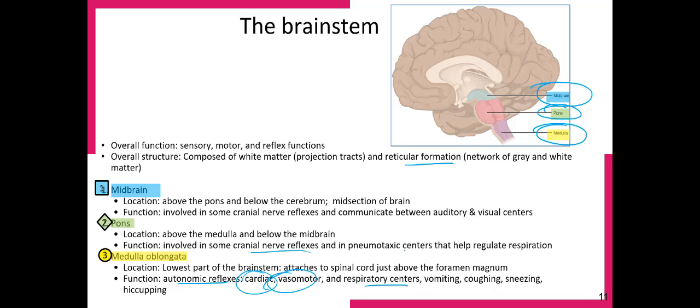And pneumotaxic centers help regulate respiration, so breathing. And the midbrain, which is the most superior part, or the topmost part of the brainstem, is involved again in some cranial reflexes and communication between the auditory, the hearing, and the visual, the seeing centers.